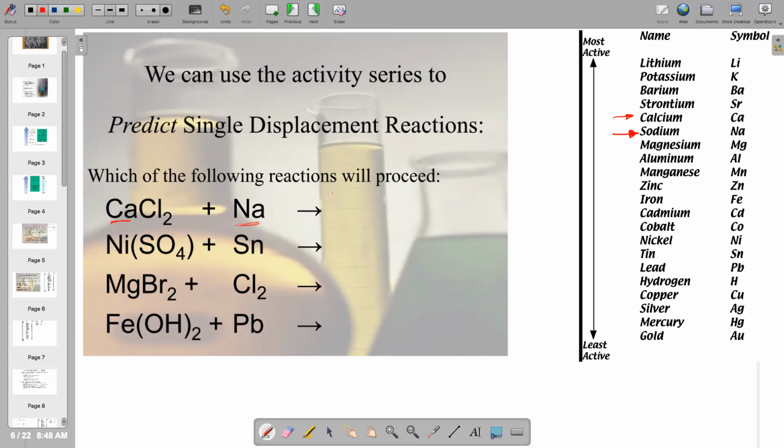The idea is that if Na is above calcium, then a reaction, we write Rxn, will take place. Here the sodium is below the calcium on the activity series, so there's no reaction. What people write a lot of times is NR, no reaction.